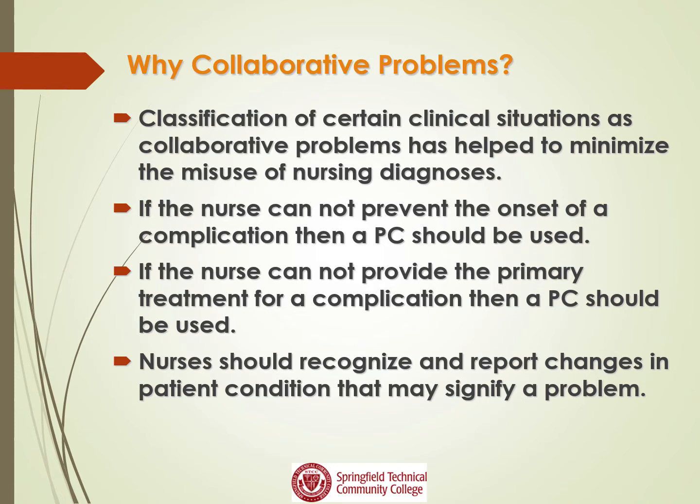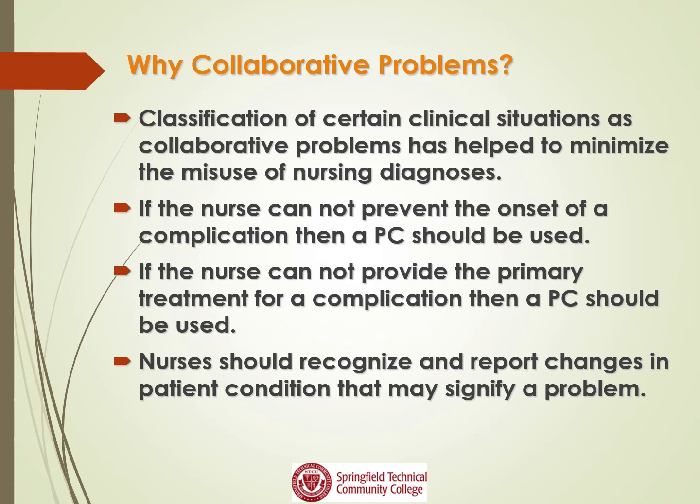The nurse should recognize and report any changes in patient condition that may signify a problem. This is one of the reasons why we tell you to look at trends when you're taking care of a patient. If I have a patient that I know is a dialysis patient and they typically run a low blood pressure with a systolic in the 90s, if I get a blood pressure of 89/54, I'm going to look back at the trends and say, he normally runs in the 90s. 89 is really not too far off this patient's baseline.